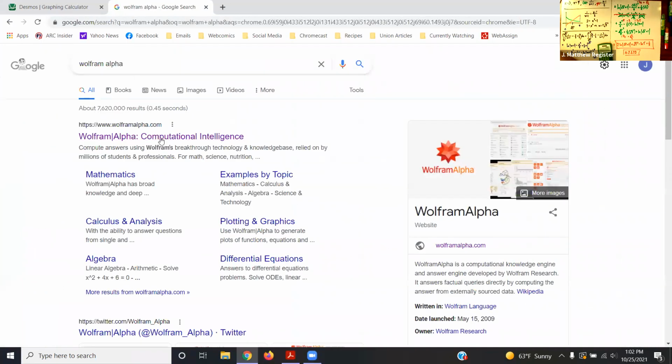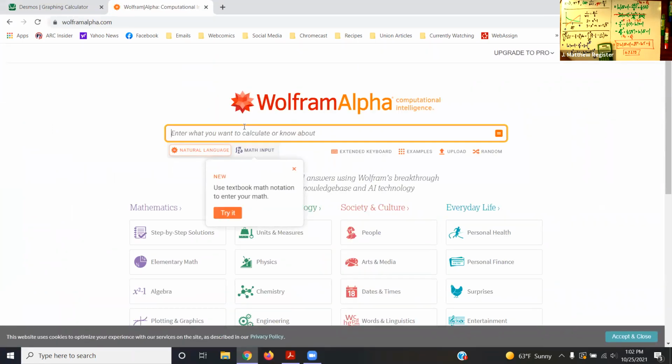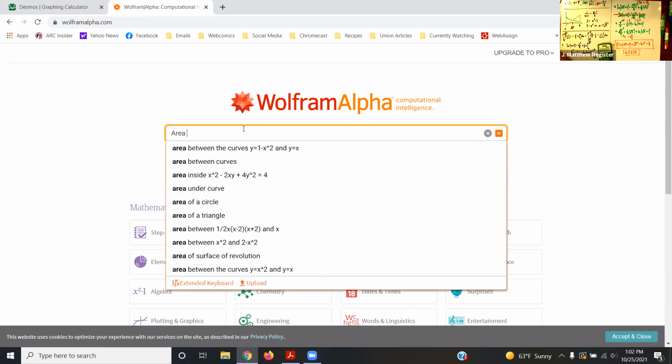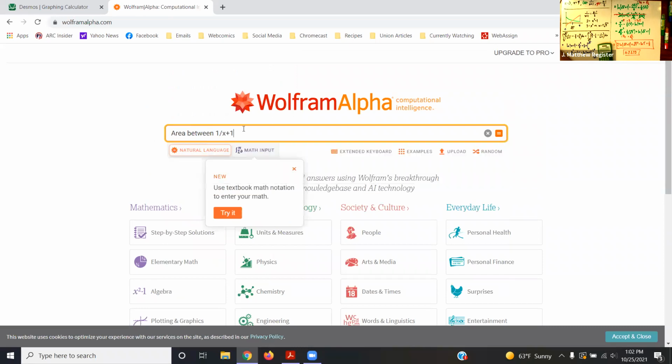And so if we go to Wolfram Alpha, it may or may not be able to find the area between these two functions. And so let's see if we can say area between 1 over (x plus 1), and I need some parentheses there, and (x minus 1) over 2 on 0, 4.